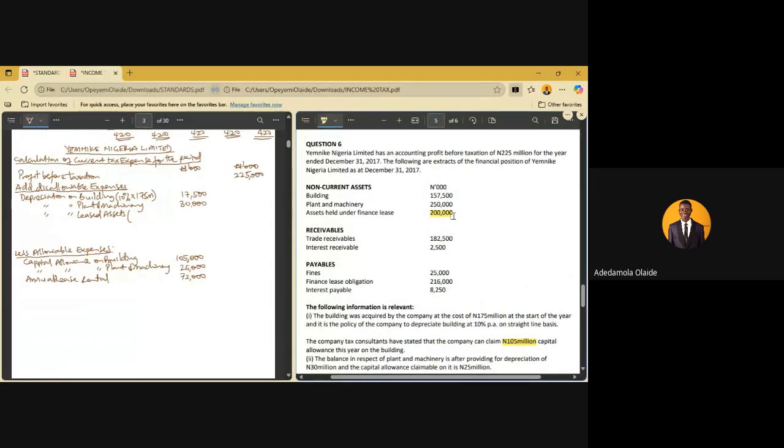The figure we have here would have been the carrying amount, which will be 80%, because they would have charged 20% as depreciation that year. So 80%. So we can now say 200,000 divided by 80%, 0.8. That will give us the 100% of the figure. Then if we now multiply it by 20%, it will give us the depreciation they have charged, which is how much?